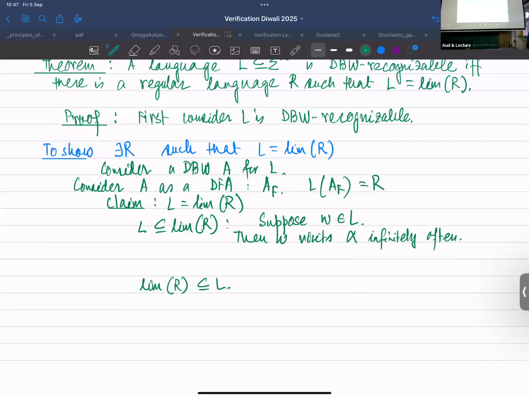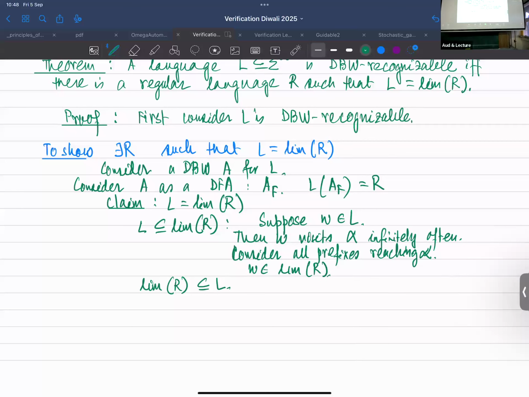Now you look at all the finite prefixes which reach that good state, and each of them will be in R. Consider all prefixes reaching alpha. There are infinitely many such prefixes, which gives you that W belongs to limit of R.